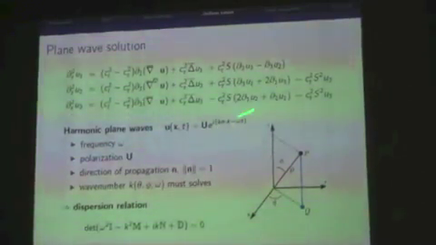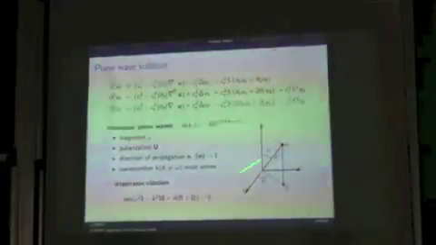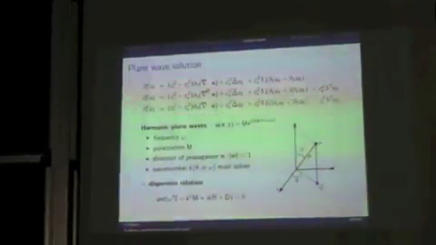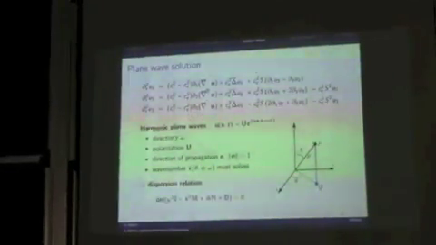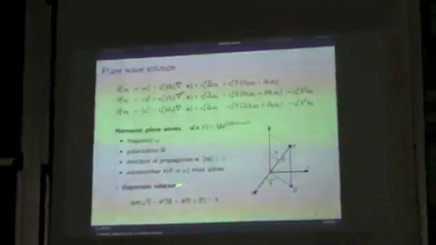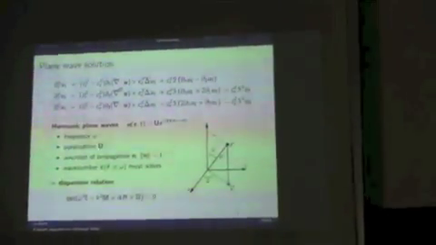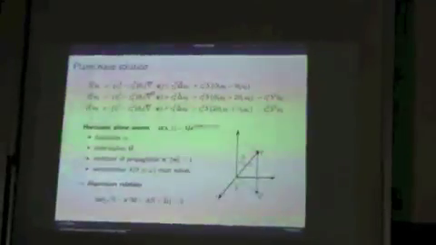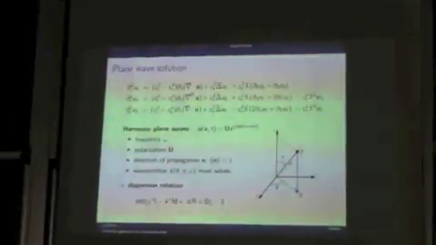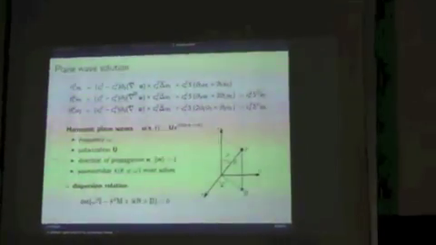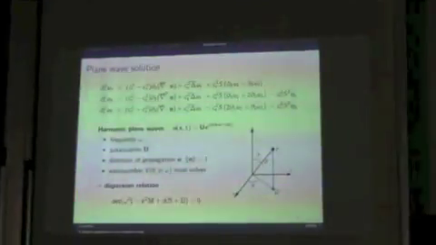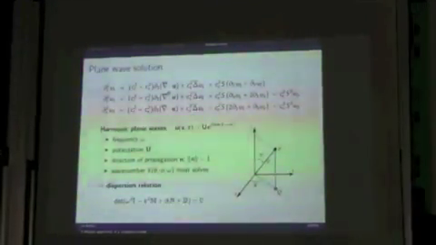So I inject this form here, and after I write it down as a matrix problem. And in fact, there are various k which solve this problem. These k are not independent of the direction of the propagation according to the Burgers vector.